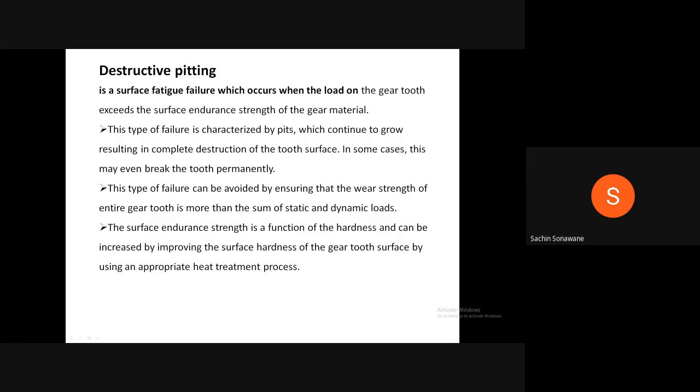The surface endurance strength is a function of the hardness and can be increased by improving surface hardness of the gear tooth surface by using an appropriate heat treatment process. Therefore, to avoid destructive pitting, we can use different heat treatment processes, that is case carburizing, case hardening or nitriding. These are the heat treatment processes which are used to harden the surfaces.